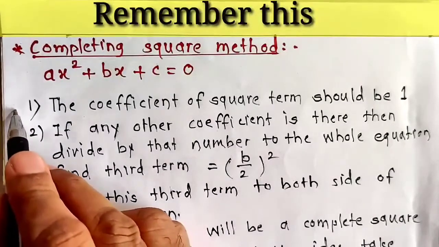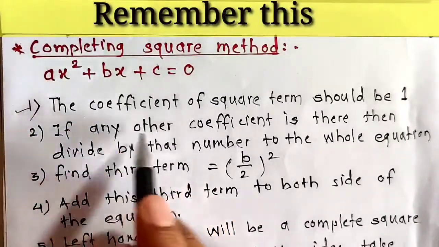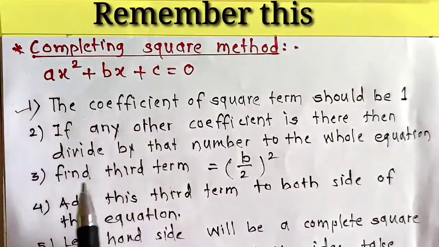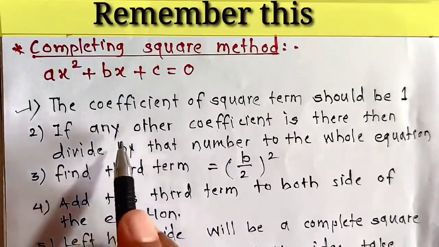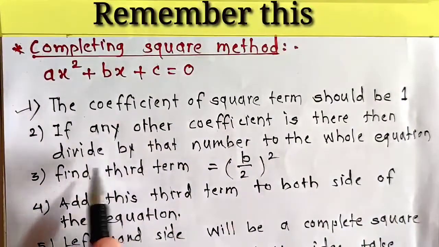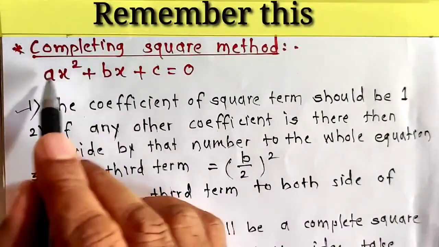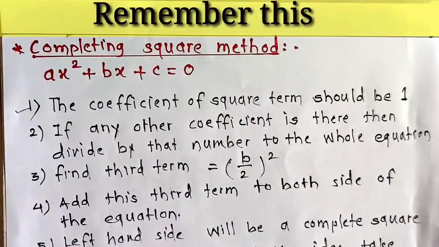The first point, the coefficient of the square term should be 1. If it is other than 1, then divide by that number. If 2x square is there, then divide the whole equation by 2. That is the second step.